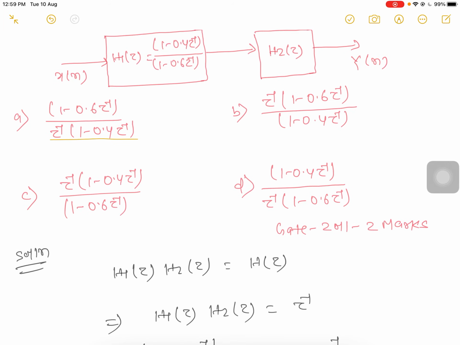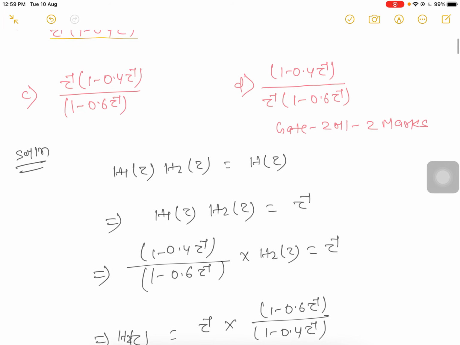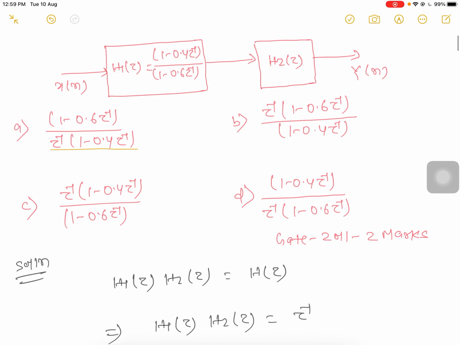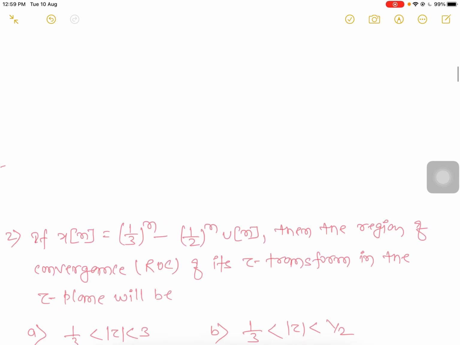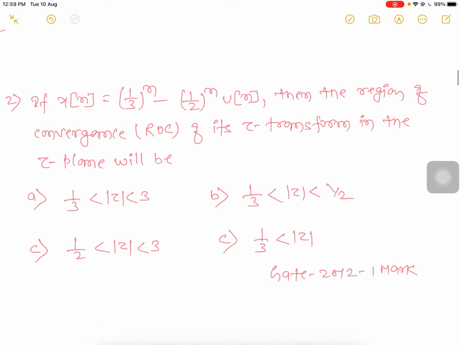So the right answer will be option B. This one was asked in GATE 2011 for 2 marks. Very simple. Now comes the next question.